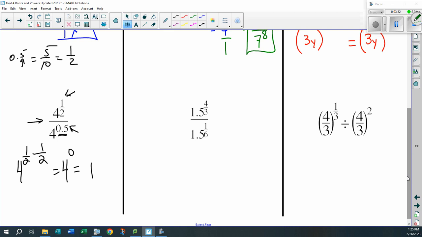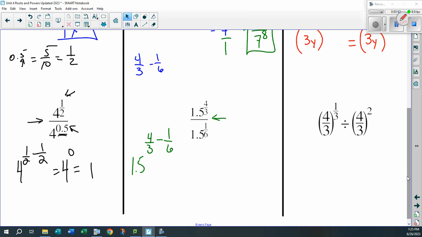Okay, let's do this one. Now, remember, that means subtraction. So this is 1.5 to the 4/3 minus 1/6. Well, common denominator it, folks. I'm going to do it like it was scrap paper. To make these common, you have to multiply the bottom and the top by the same thing. So this becomes 8 over 6 minus 1 over 6, which is 7 over 6.